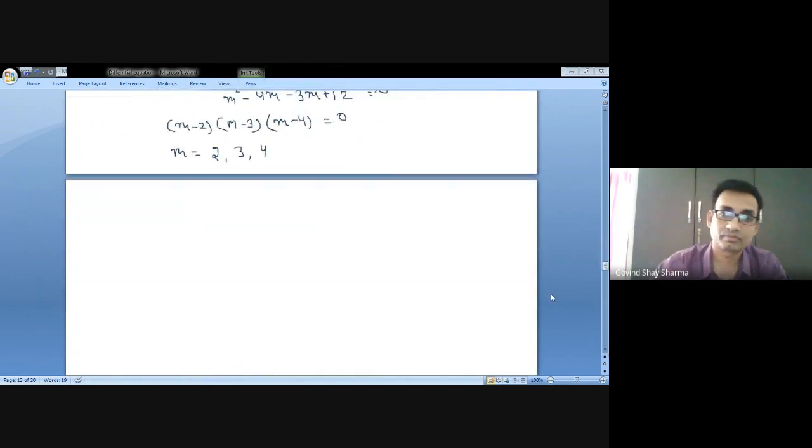So CF is C1 e to the power 2x plus C2 e to the power 3x plus C3 e to the power 4x.